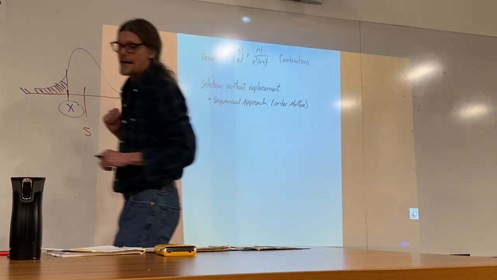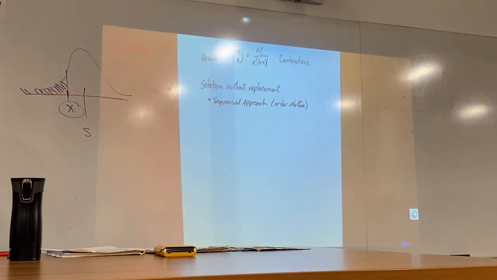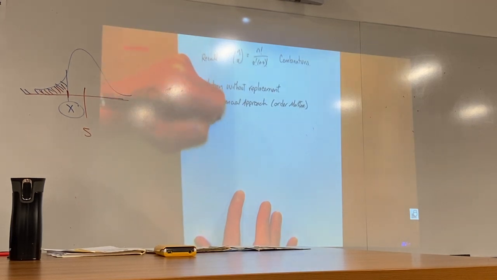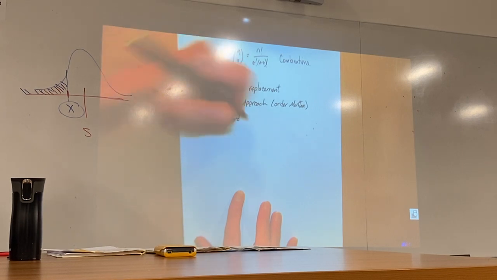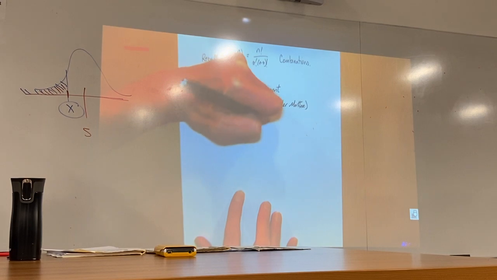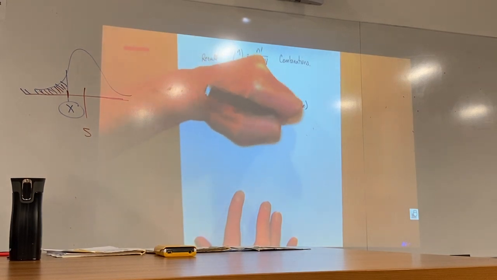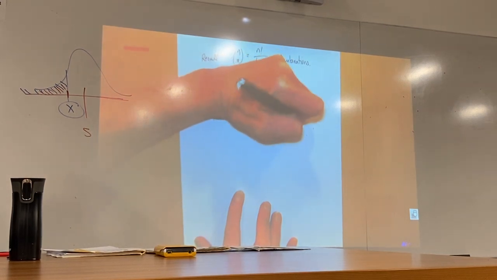Again, use that same example. We pick 3 cards from a deck of 52 without replacement.